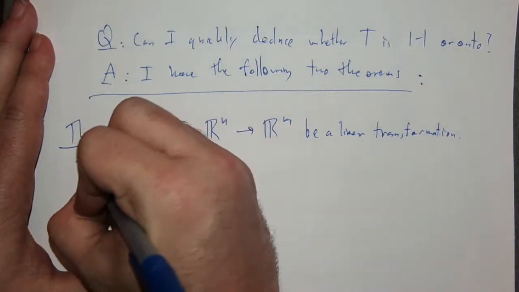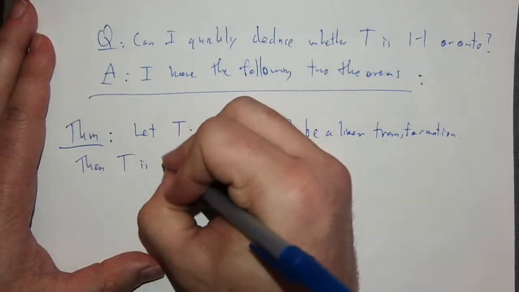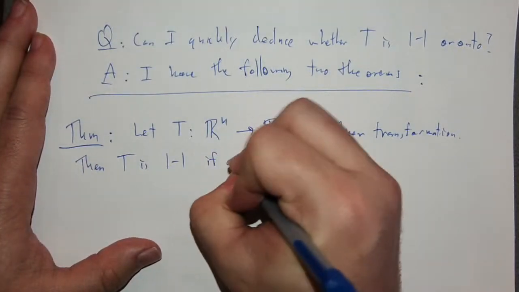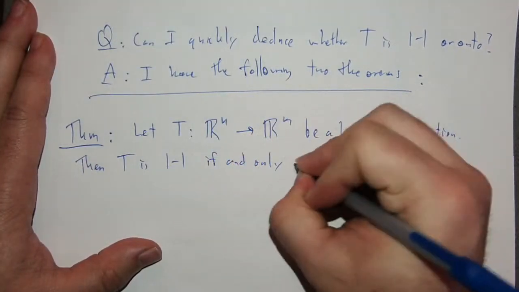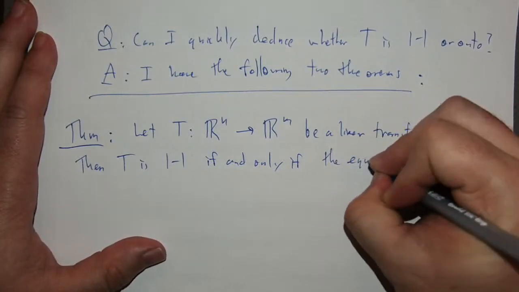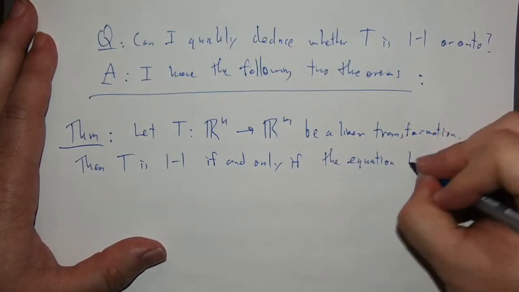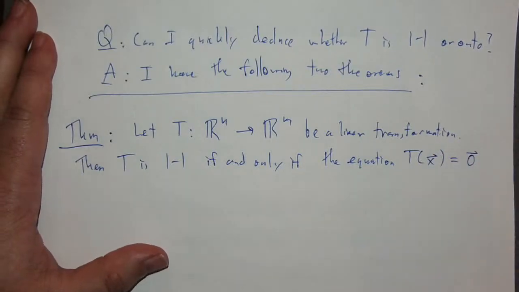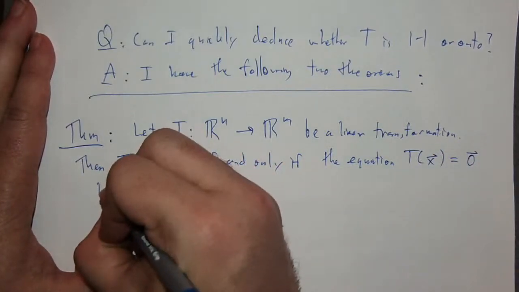Then T is 1-to-1 if and only if the equation T of x is equal to the 0 vector has only the trivial solution.